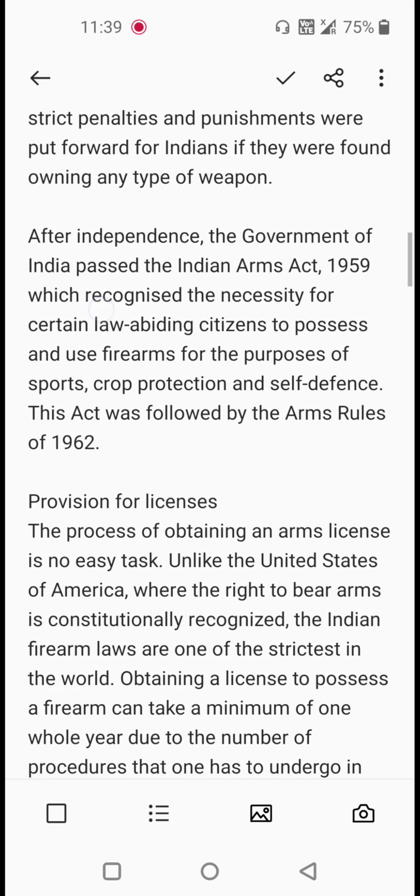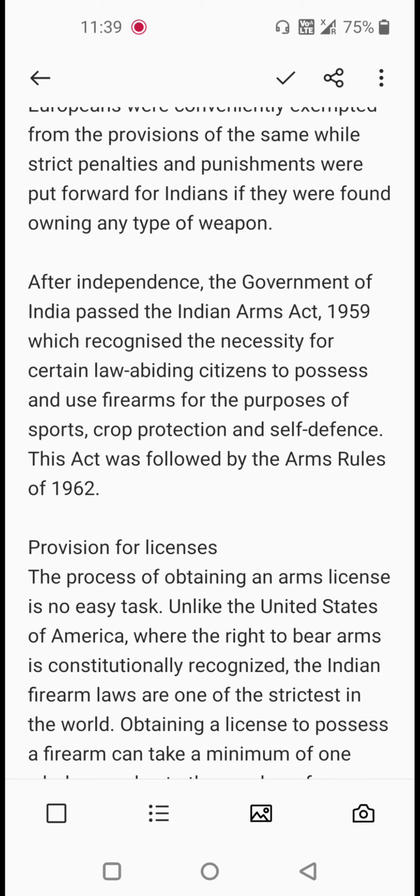Indian Arms Act 1959, which recognized the necessity for certain law-abiding citizens to possess and use firearms for the purpose of sports, crop protection and self-defense. Why has the government passed the 1959 Act? For sport, crop protection.